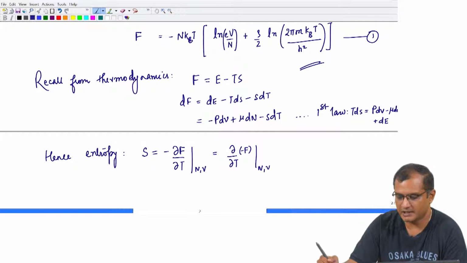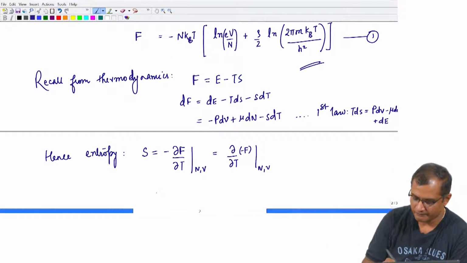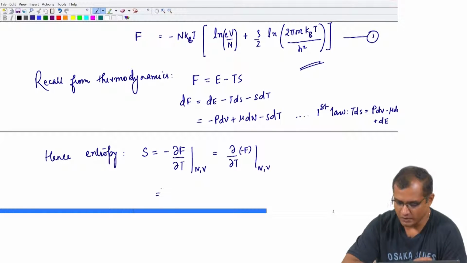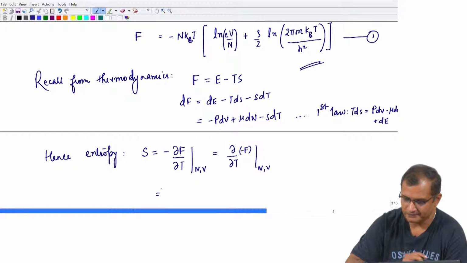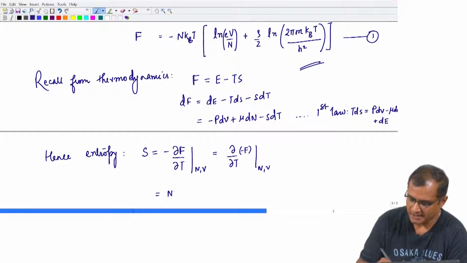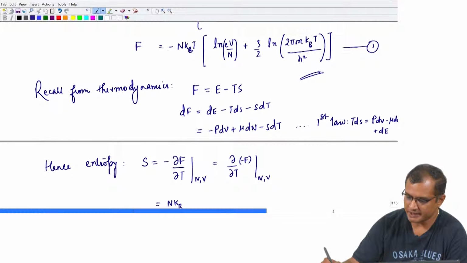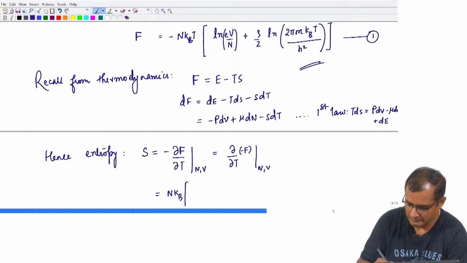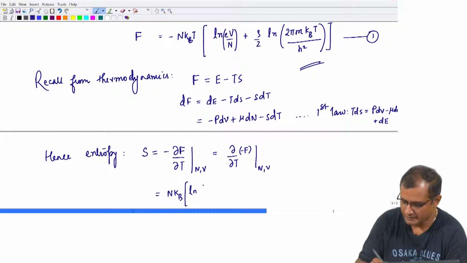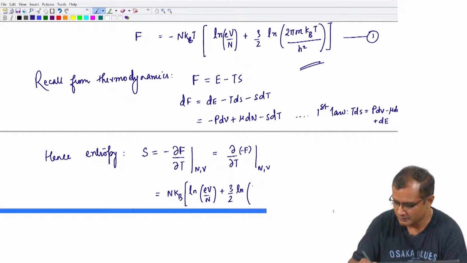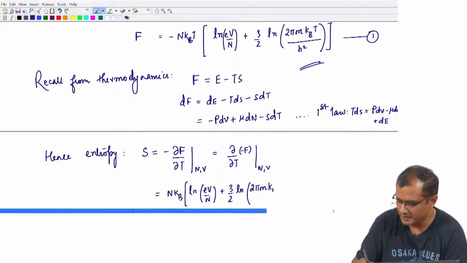So, you can take the derivative of minus F as you take it, there are two terms. If you take the derivative of the first term, what you get is just N kB, and you write down the entire term, which is ln eV by N plus 3 by 2 ln 2 pi m kB T over h square.